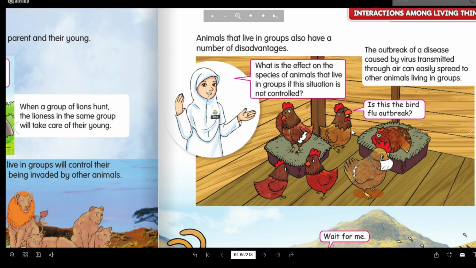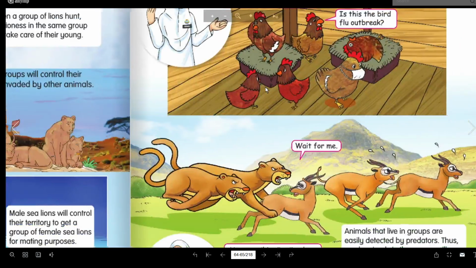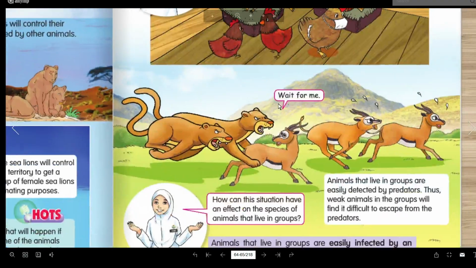We know that viral diseases can get transferred easily by air, right? They can spread easily among the groups. Is this the bird flu outbreak? So if there is a disease in one animal, it will spread very easily in the whole group, right? This is one of the disadvantages, right?